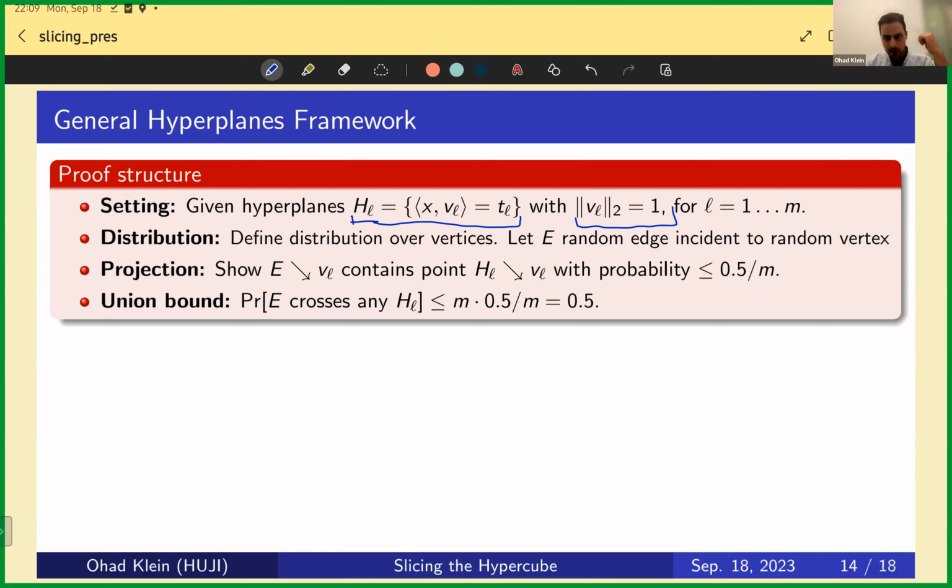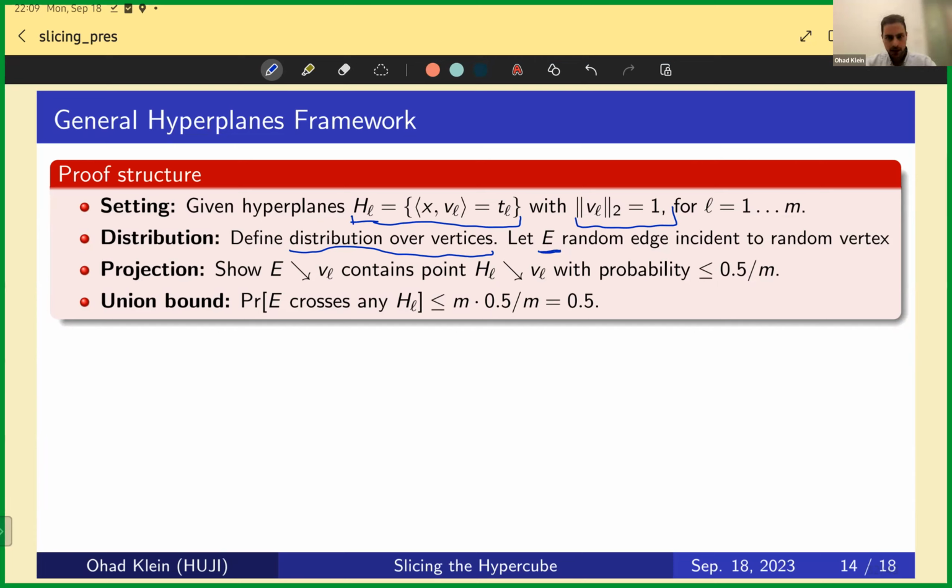Now the first step of the proof is to define the distribution over vertices. This distribution will depend on the hyperplanes that we are given, and let E be some random edge that is incident to our random vertex.